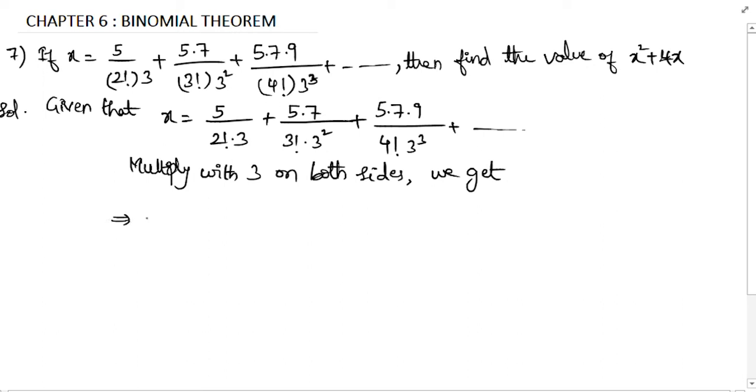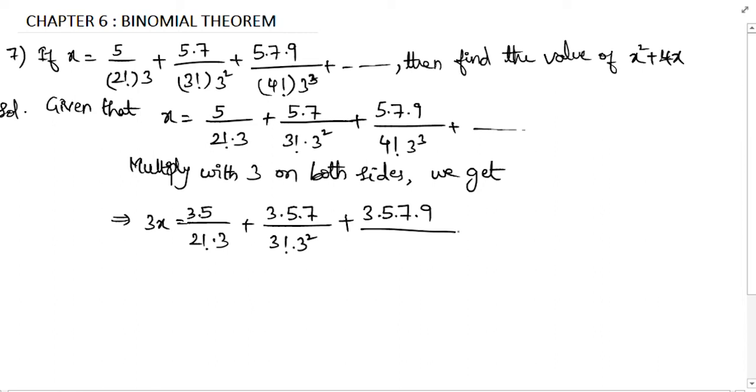So now what we'll do is multiply with 3 on both sides, on LHS and RHS both. Then what do we get? We get 3x is equal to 3 into 5 divided by 2 factorial into 3 plus 3 into 5 into 7 divided by 3 factorial into 3 square plus 3 into 5 into 7 into 9 divided by 4 factorial into 3 cube plus so on. So that implies, we'll send this 3 to the RHS.